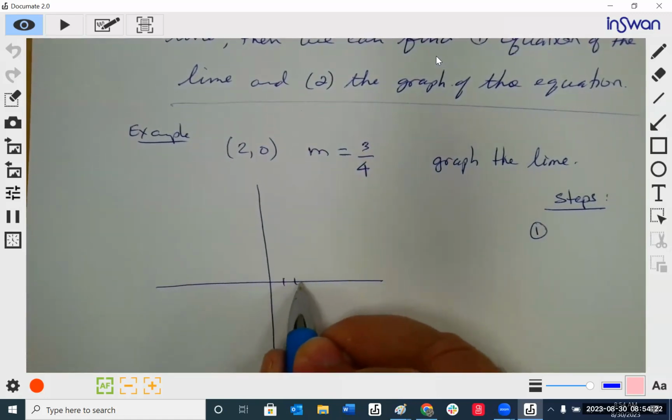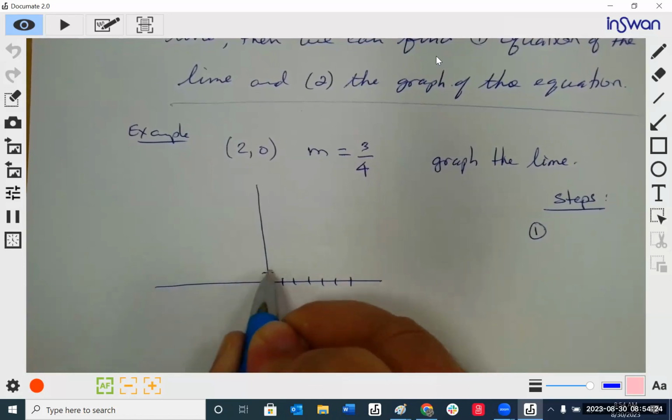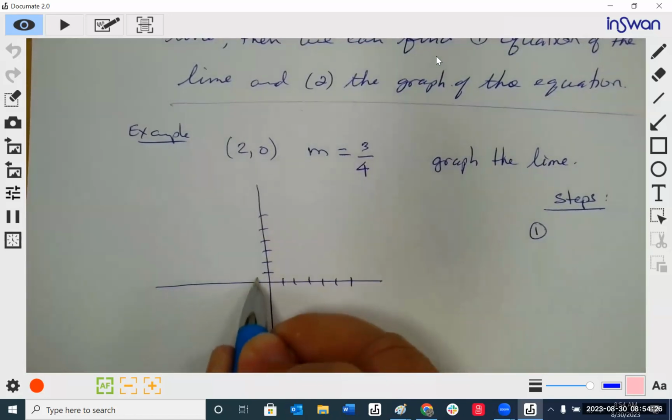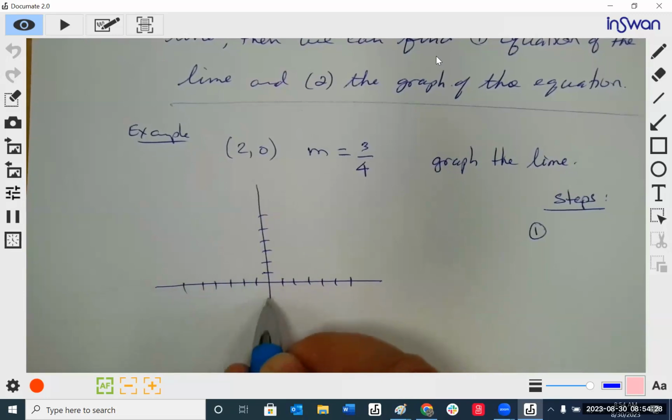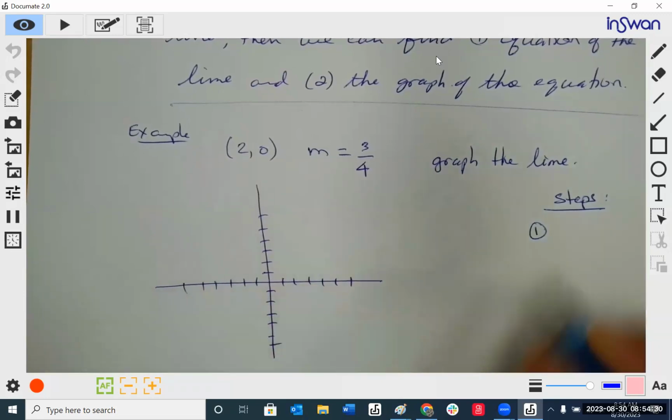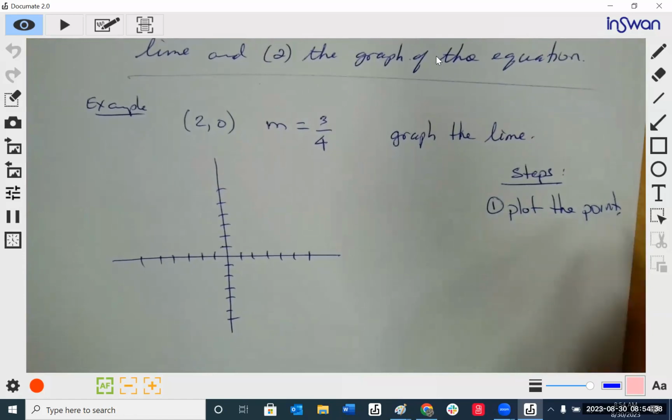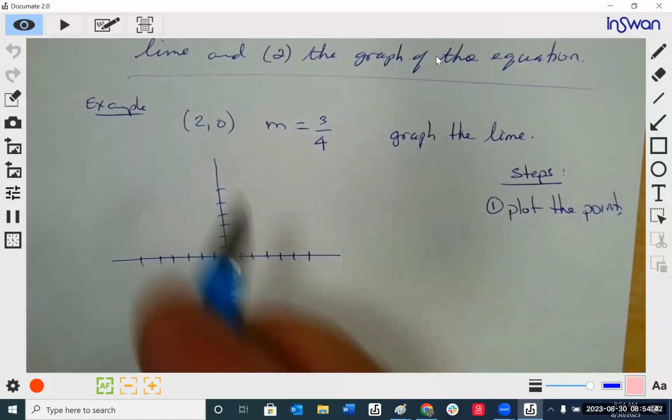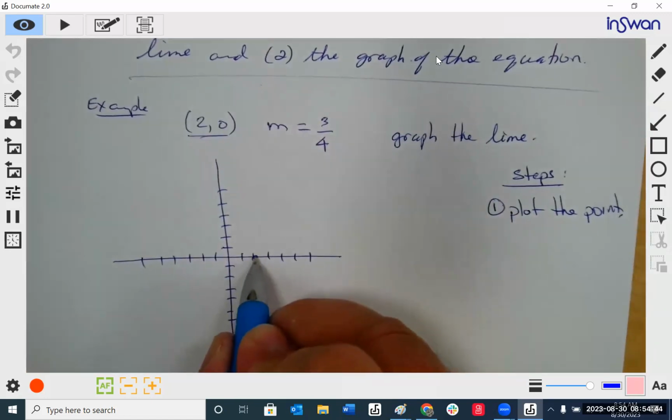First step. Plot the point. So the only point we have is at 2, 0, so we put a dot there.